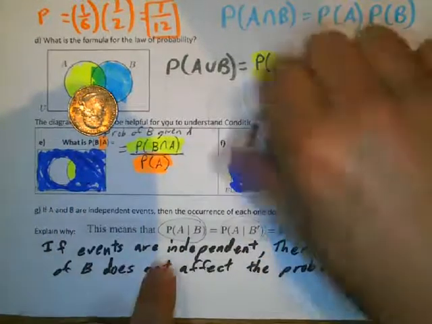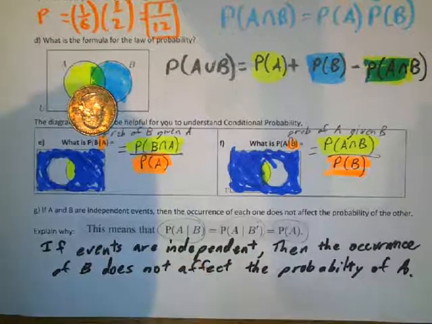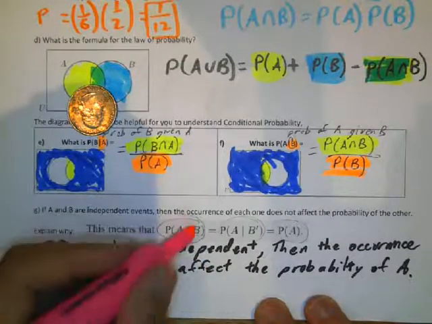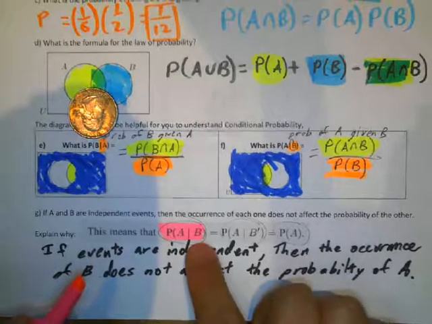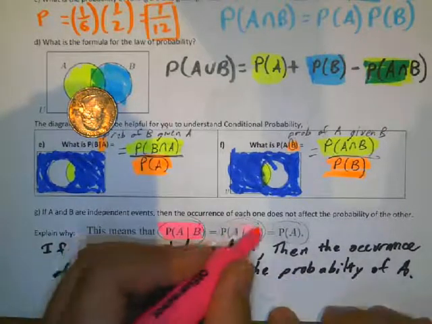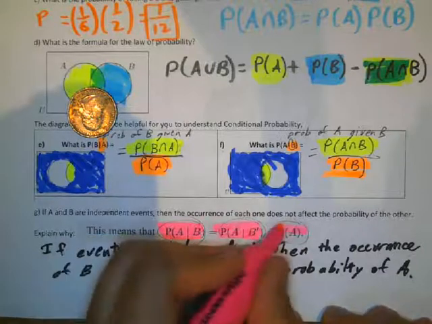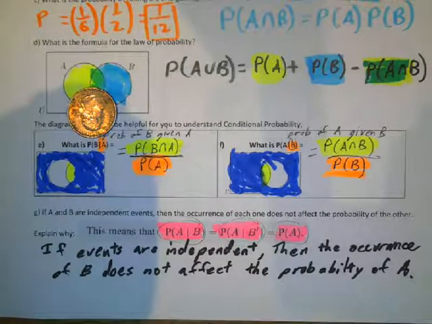So this probability of getting A, given B or not given B, is not going to affect the probability of getting A.